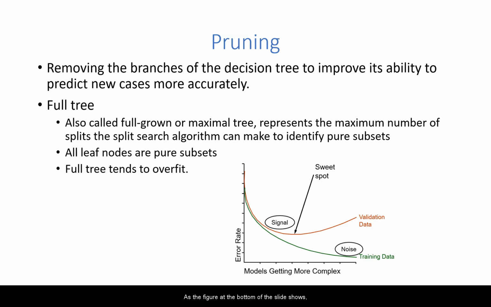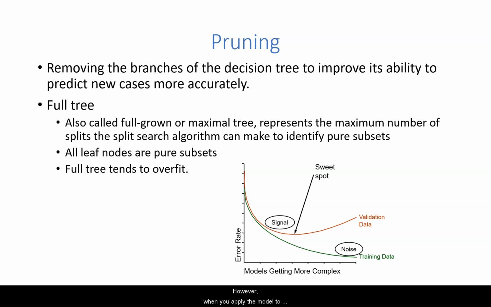As the figure at the bottom of the slide shows, when the model grows more complex, it will increasingly reduce its error rate on the training dataset. In the case of a classification tree, the error rate of the full tree on the training dataset would be 0 because all leaf nodes are pure.